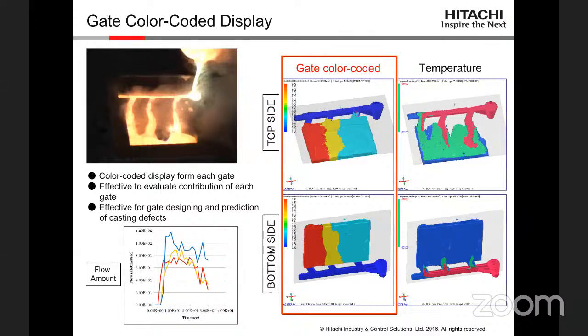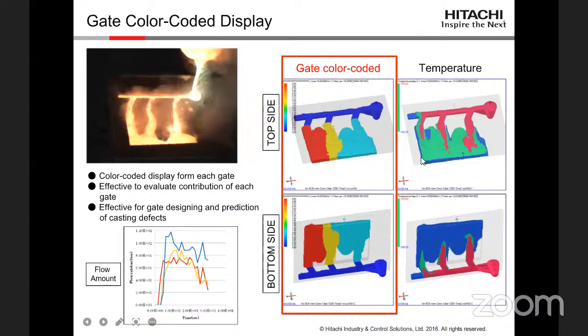There could be two ingates, four ingates, or six ingates, according to the casting size and weight, so we can check that. Here you can check the color of each gate, and on the right side it is showing the temperature distribution.